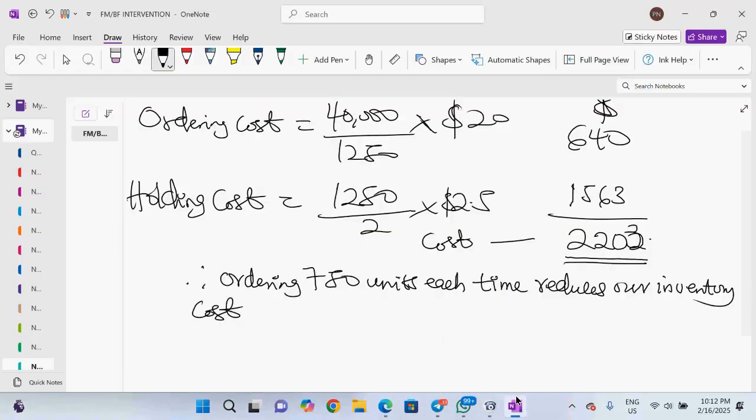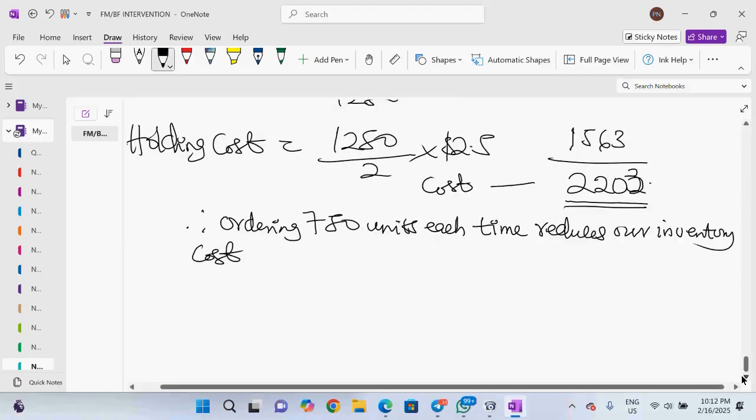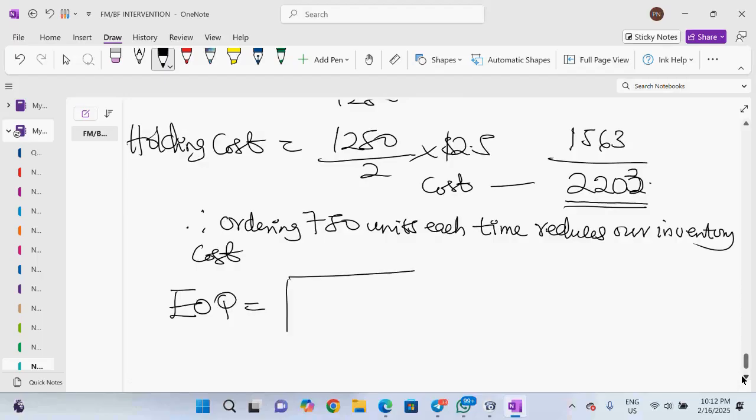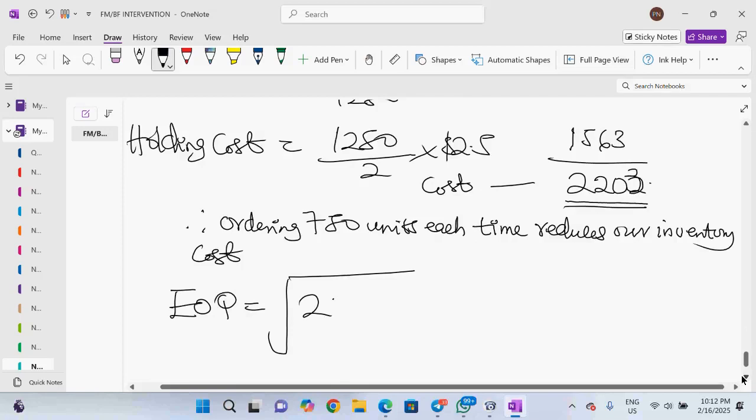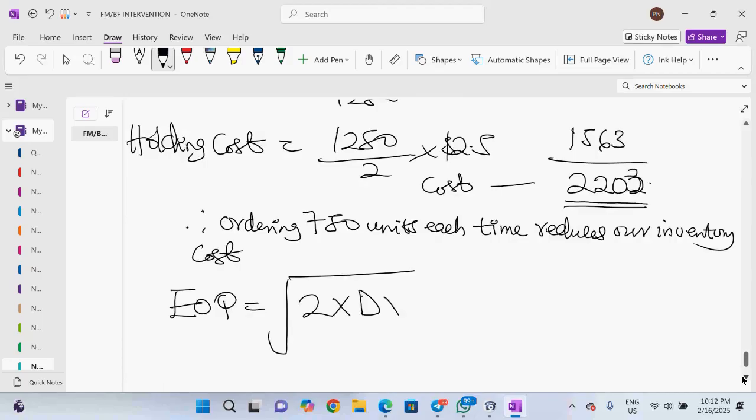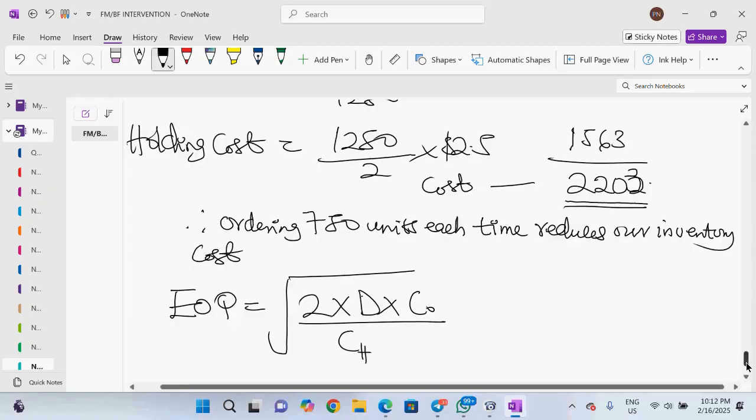So let's compute our EOQ. What's the formula? Square root of 2 times demand times cost of ordering, all over cost of holding. That is the inventory.